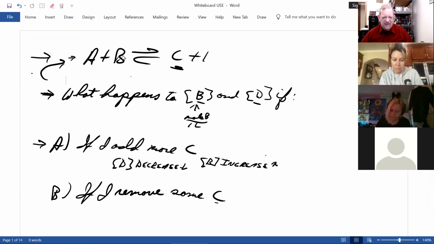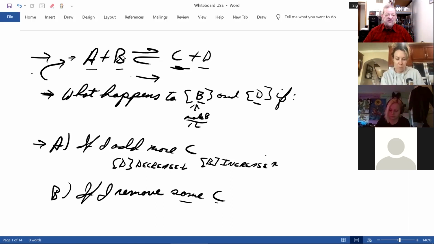At equilibrium, there's a certain amount of A, B, C, and D. If I remove some C, there's now less C. And equilibrium says, oh no, we don't have enough C. We need more C. And how does it make more C? Well, there's only one way. A and B react to make more C and D.